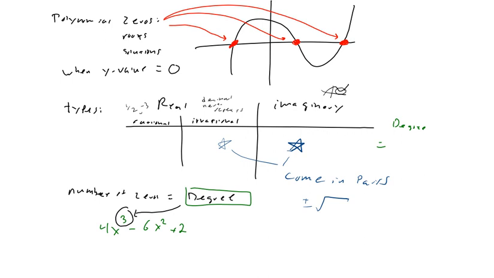Irrational is like plus square root of 2, minus square root of 2. Imaginary is like 3i or negative 3i. Imaginary and irrational come in pairs, one positive and one negative. Real ones can have any number of roots. Okay? This is what we've done so far.